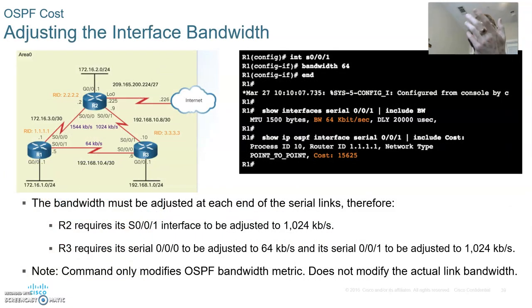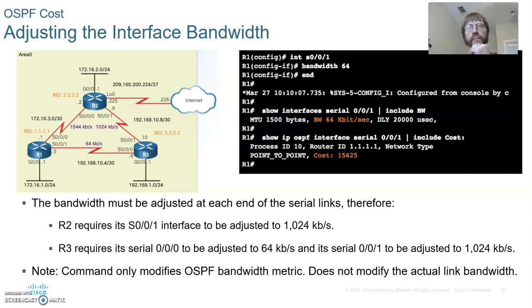So say for example you do a bandwidth of 64. Now the bandwidth command here is kilobits per second. It may or may not have anything to do with your clock rate command. So your auto reference bandwidth is in megabits per second. Your bandwidth command is in kilobits per second. Big difference.